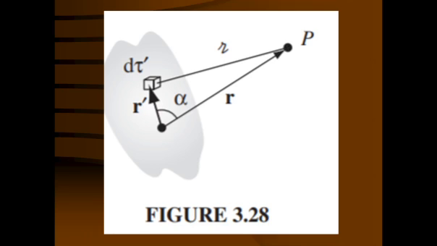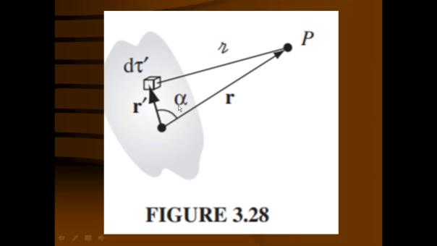Now consider that this distant point is very far away from this charge distribution. In that case, the total charge distribution can be considered as a point charge Q. So what will Q be equal to? Total charge Q is equal to the volume integration of charge density rho d tau.